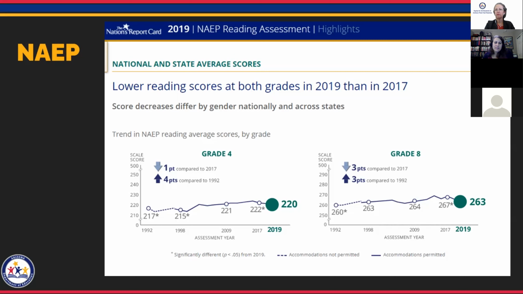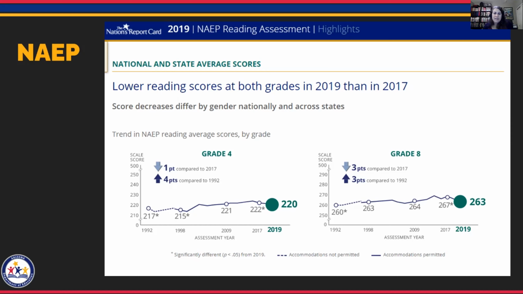And what researchers have determined is that it has to do with the fact that these areas have stagnated as we've begun to narrow the curriculum and pushed out time on science, social studies, arts, and other areas. Next slide.